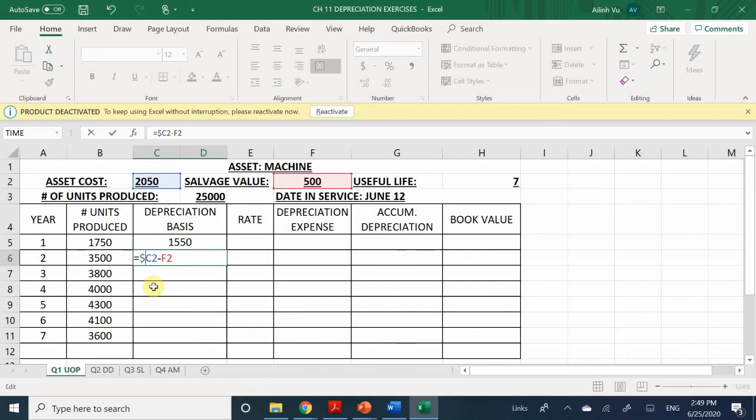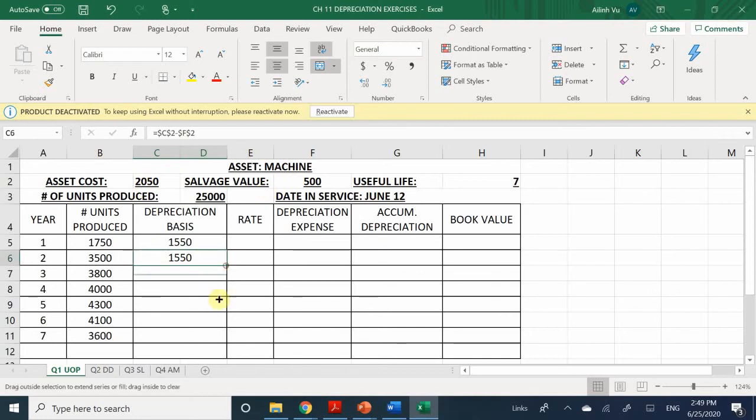It uses that same exact information and applies it all the way down. So it will always take this one and this one. Okay, so what's my rate?